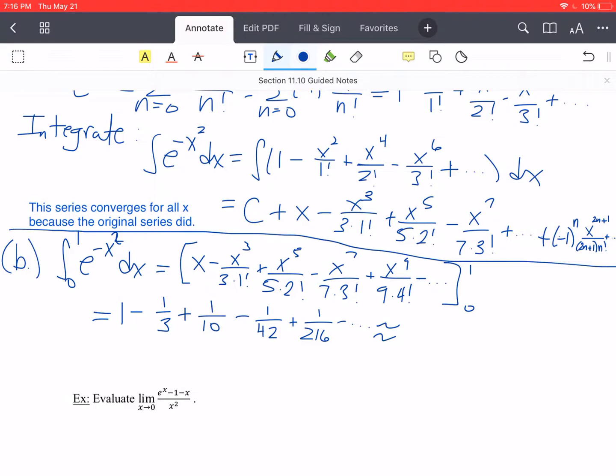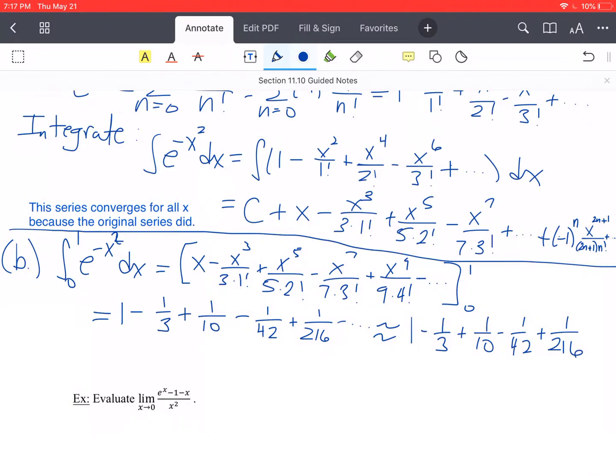We shouldn't even try. But we can go ahead and just approximate this by cutting it off at a certain point. And we'll just cut it off here at that term x to the 9th. So this is approximately equal to 1 minus 1/3 plus 1/10 minus 1 over 42 plus 1 over 216.